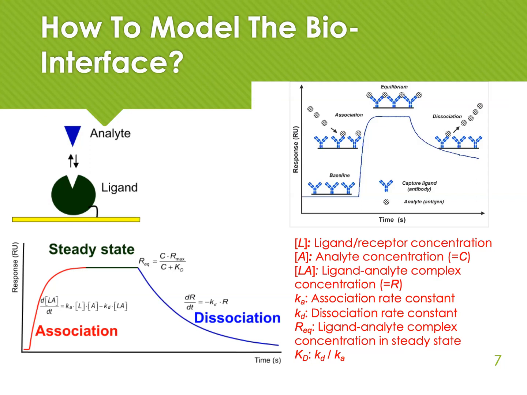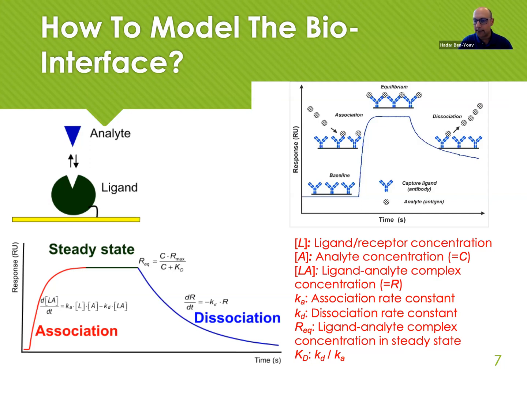And what we look at here is the response of the detector, meaning that whenever the analyte binds to the receptor, we get a response, some kind of a signal. So this is the y-axis, and the x-axis is the time. At the beginning, we have a baseline, meaning that we have this receptor, I mean, this is the ligand.